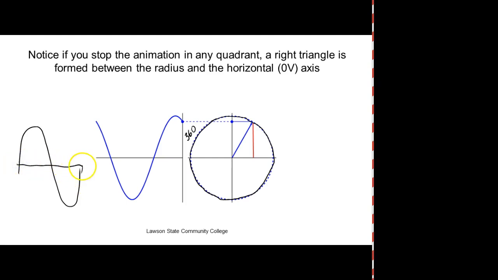So one cycle would occur every 360 degrees. So this would be 0 degrees, this would be 90 degrees, this would be 180 electrical degrees, this would be 270 electrical degrees, and this would be 360 degrees, but it would be 0 of the next cycle, right? You understand that?